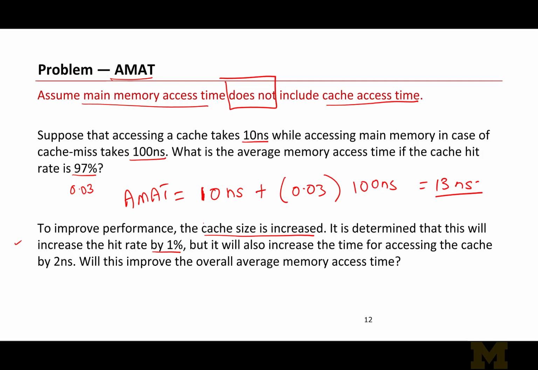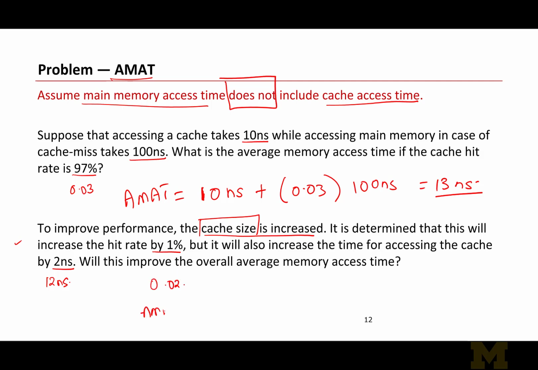But the problem with the larger cache size is it's going to take a little bit longer for me to access the cache. So the larger the cache size, the longer the latency. So it's going to increase by 2 nanoseconds. So instead of 10 nanoseconds, it's going to be 12 nanoseconds. And the cache miss rate has gone down to 0.02.